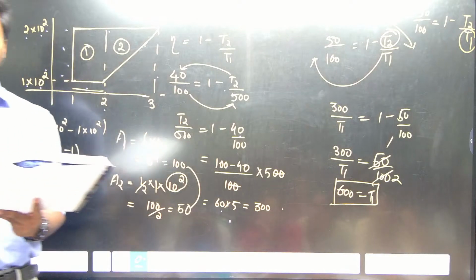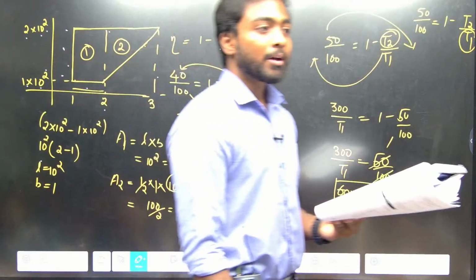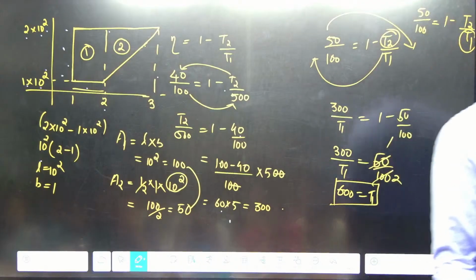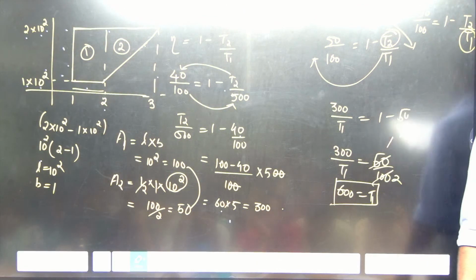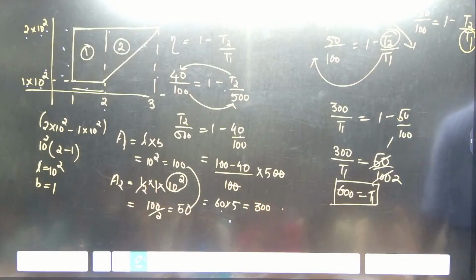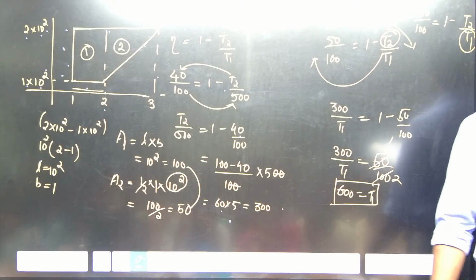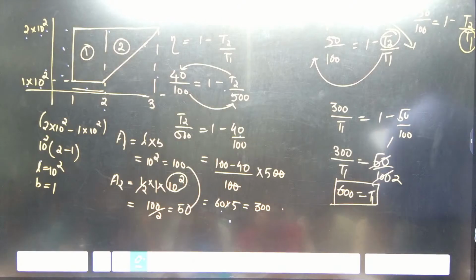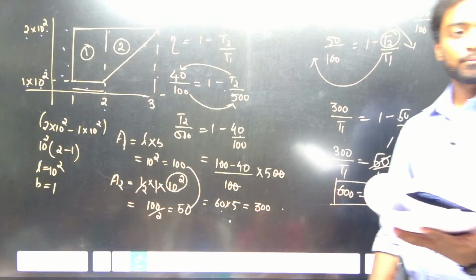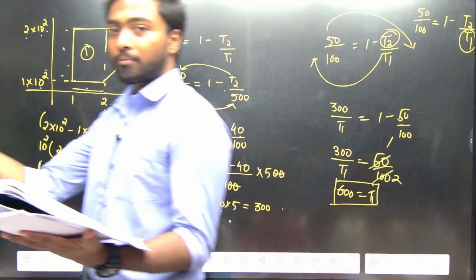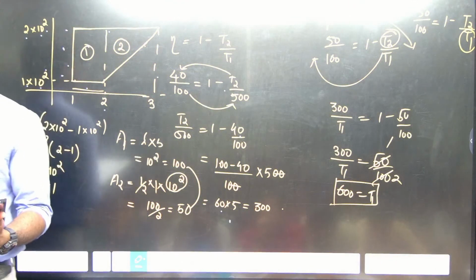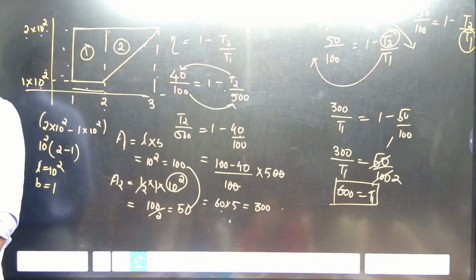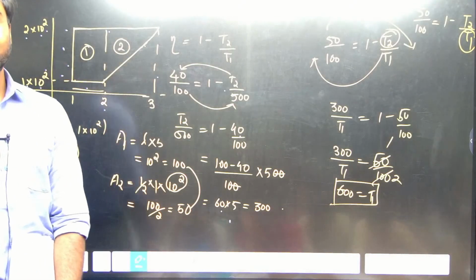So obviously degree Celsius I need to convert into Kelvin. Whatever they have given, T2 degree Celsius plus 273, T1 degree Celsius plus 273. If I want to convert into Kelvin, I need to add 273, no? Take out the conversions part.